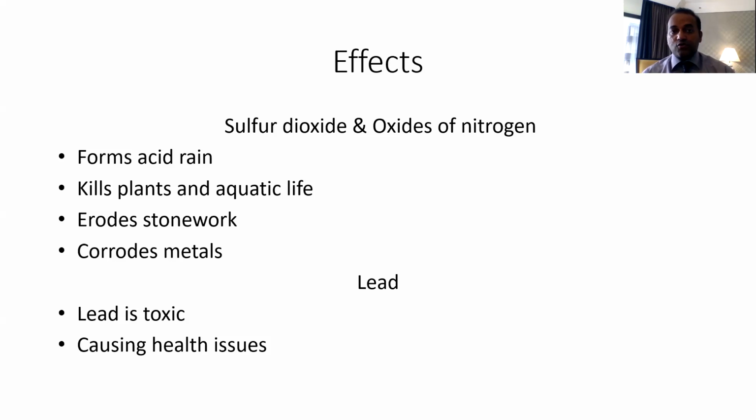It erodes stonework and corrodes metals. So, guys, you can see that sometimes old buildings, for example many historical buildings, are eroded because of acid rain. You can see corroded metal as well, such as bridges or railway tracks that are sometimes rusting.